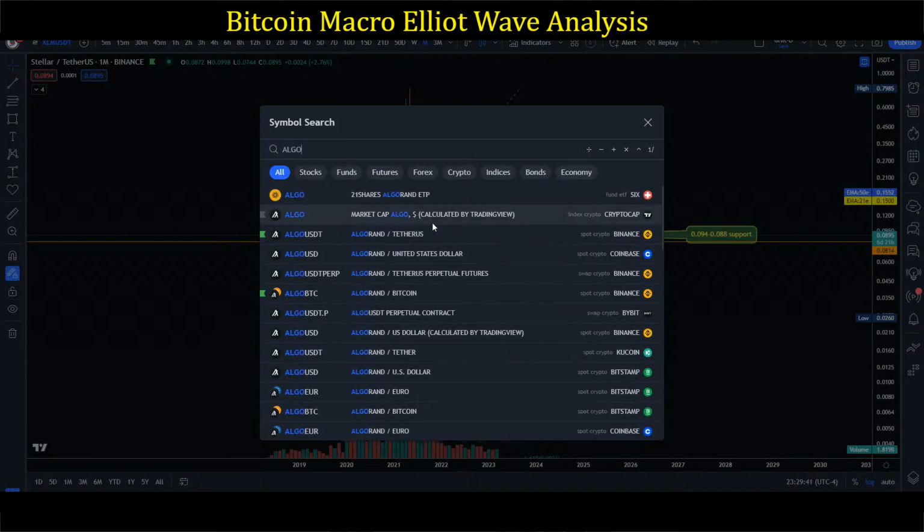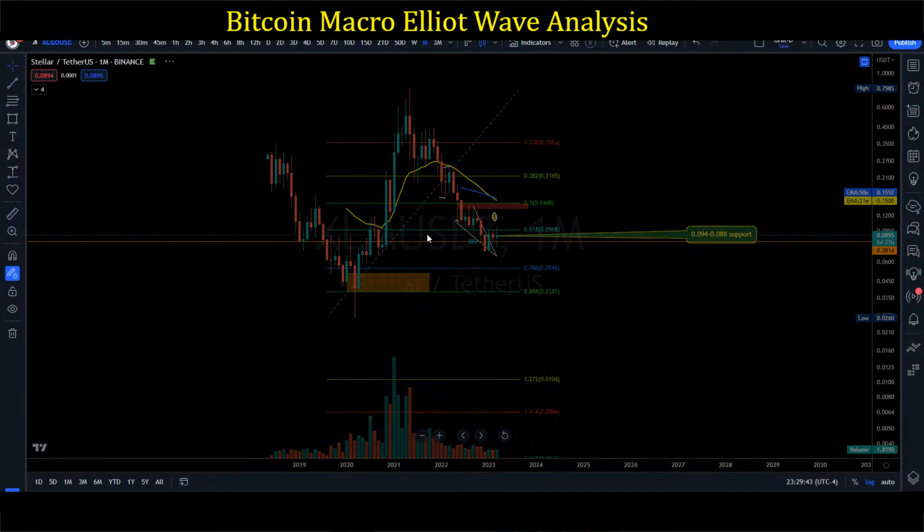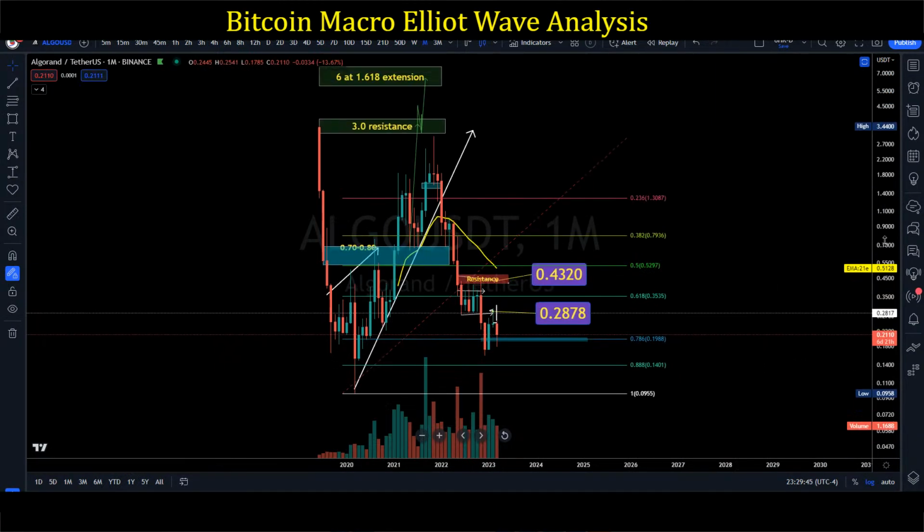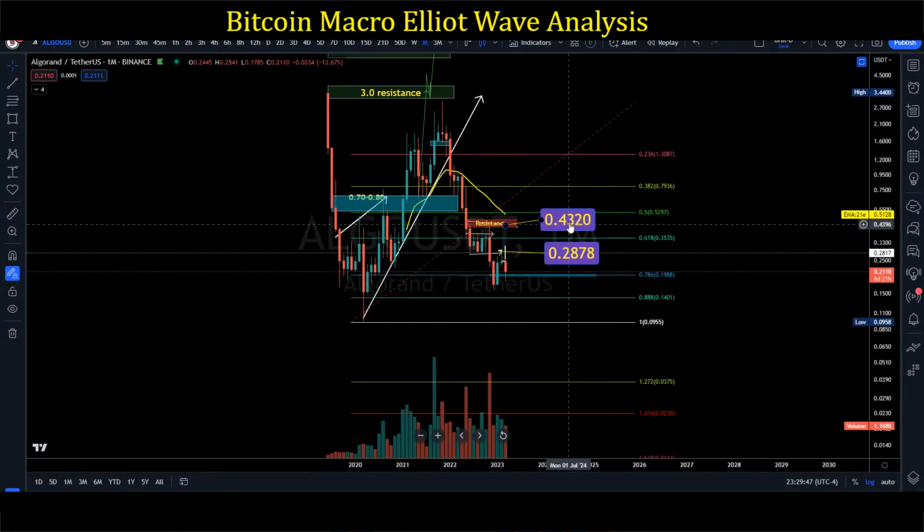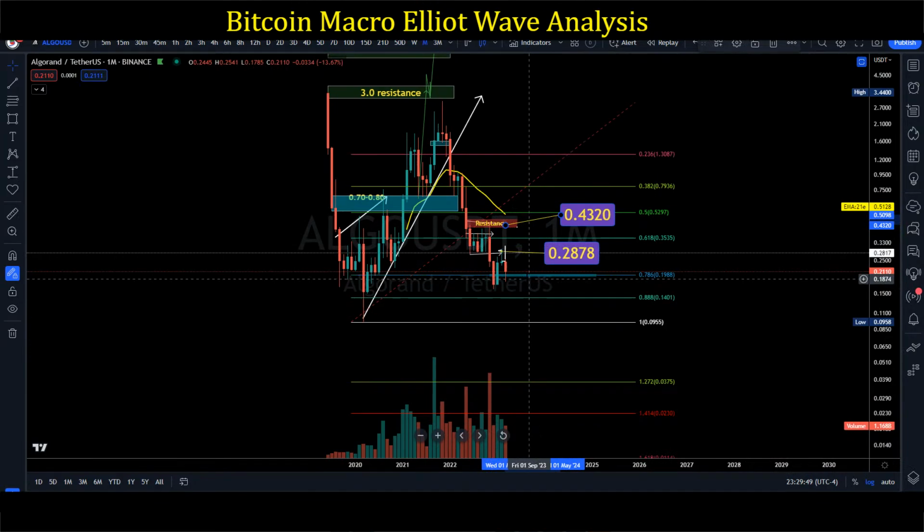Algo is still hanging around 21 to 19, right? Next resistance is around 43. Just have to hold the 21 to 19 cents. If not, it could be going back down to the COVID lows, around 10 cents.